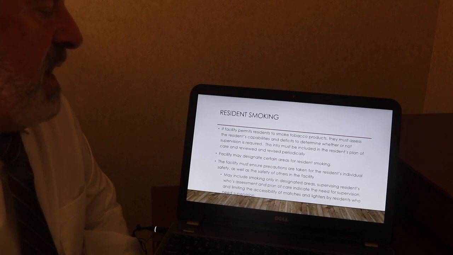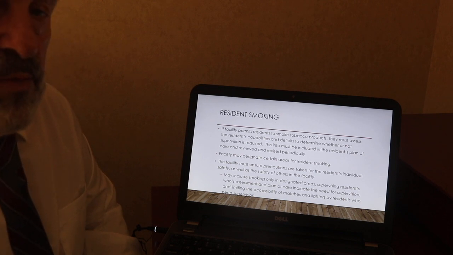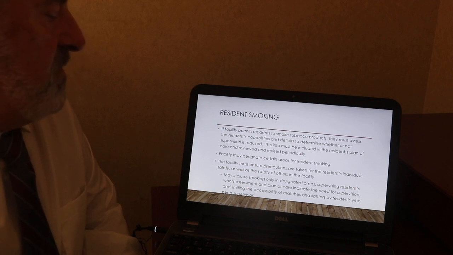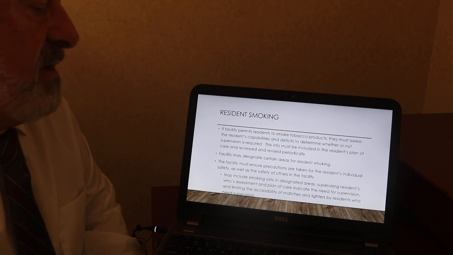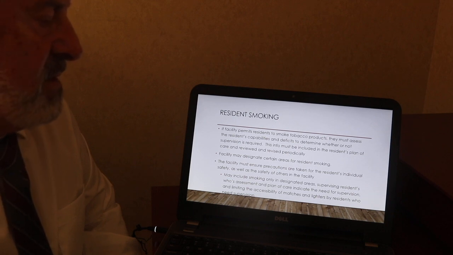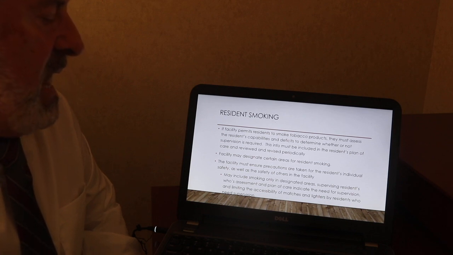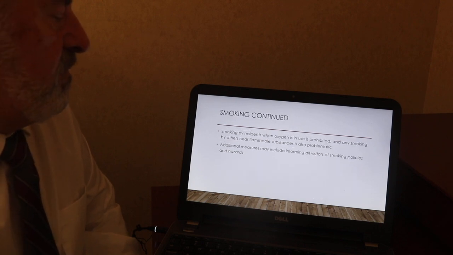This information must be included in the resident's plan of care and reviewed and revised periodically. The facility may designate certain areas for the resident's smoking. The facility must ensure precautions are taken for the resident's individual safety, as well as the safety of others in the facility. This may include smoking only in designated areas, supervising residents whose assessment and plan of care indicate the need for supervision, and limiting the accessibility of matches and lighters by residents who need such supervision.